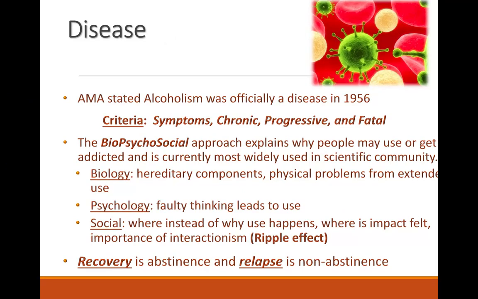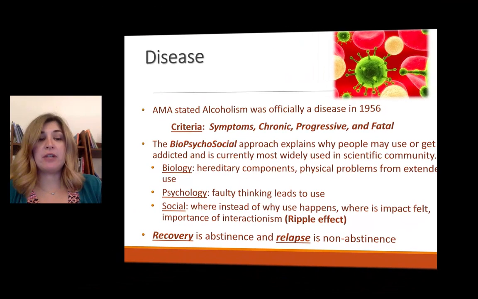They realized that it was progressive, it manifests identifiable symptoms, and it occurs chronically and can be fatal if left untreated. So the disease of addiction fits all of these criteria, which is why the American Medical Association called it a disease. This model is what informs most of our treatment procedures today.